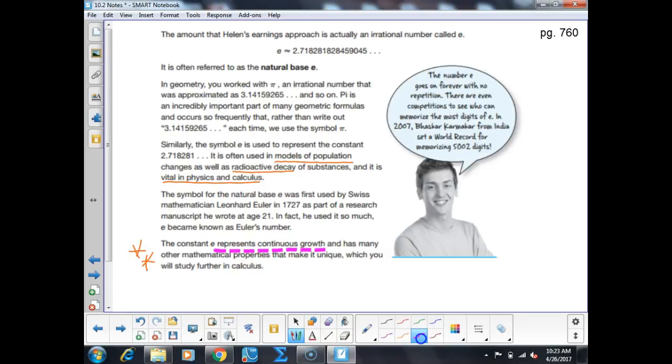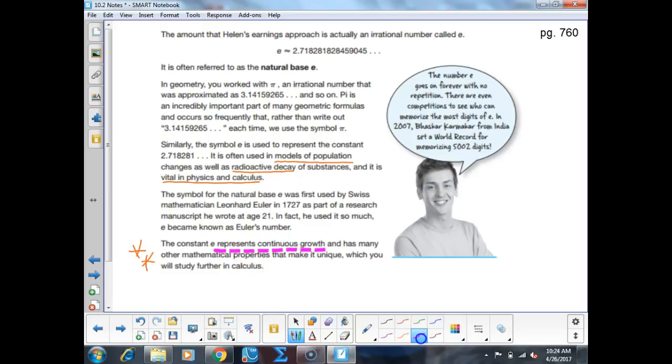Wait, so is E like that number? E is this number right here. Yep, this 2.71. That's what E is. And on your calculators, usually it's the inverse of one of the log keys.